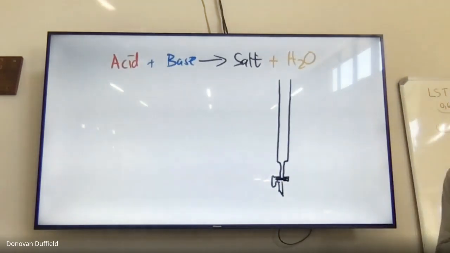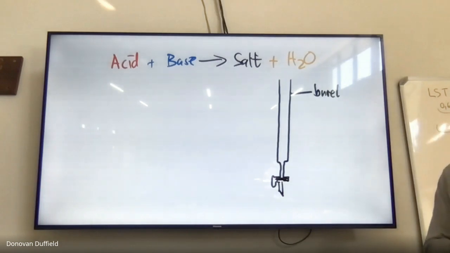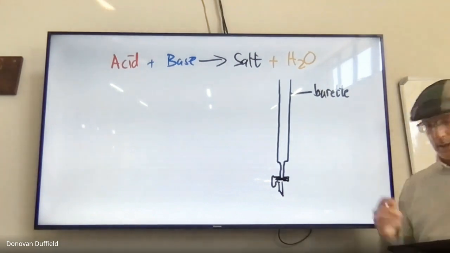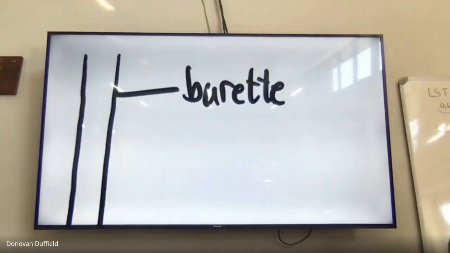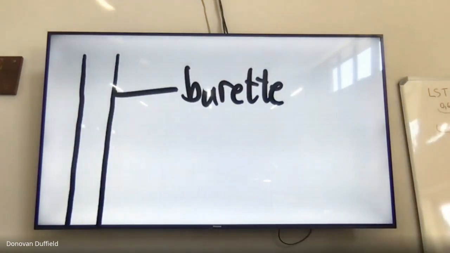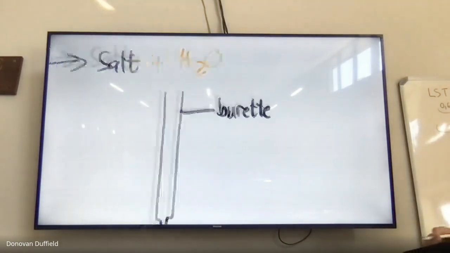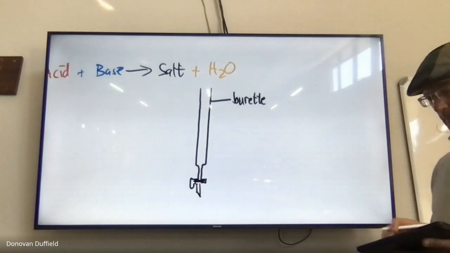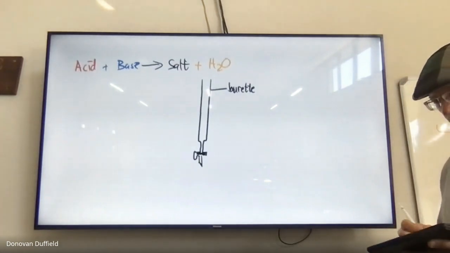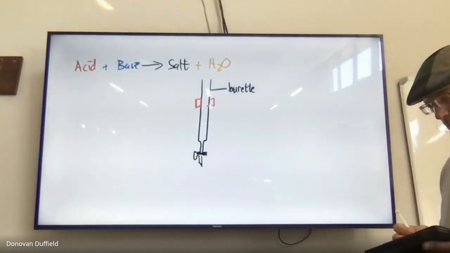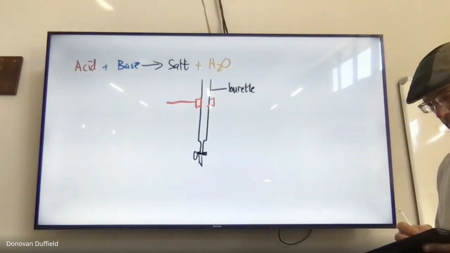This is known as a burette. It's a U, not an A, huh? Okay, it's a burette. And you normally have it with a retort stand.